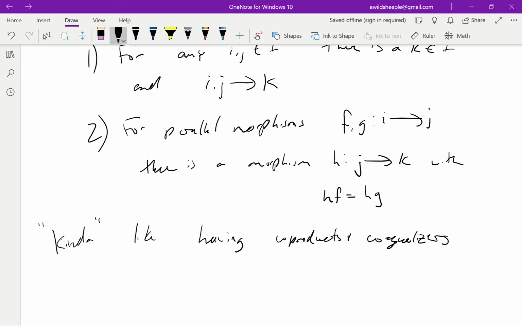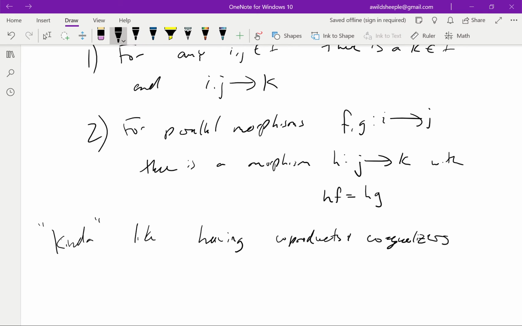In general, what we're going to see is that filtrant categories are quite different from categories which in general have coproducts and coequalizers. In fact, we saw in chapter 2 that having coproducts and coequalizers is the same thing as being co-complete. And there's no reason that you need to be co-complete to be filtrant.